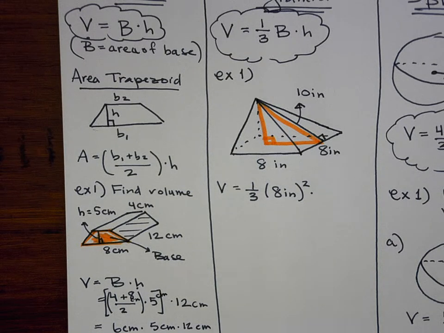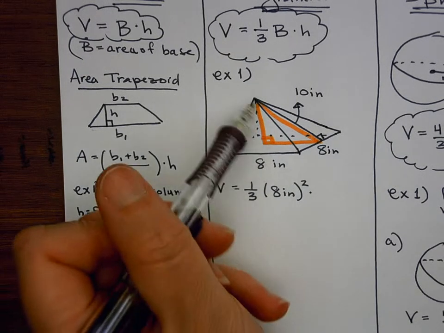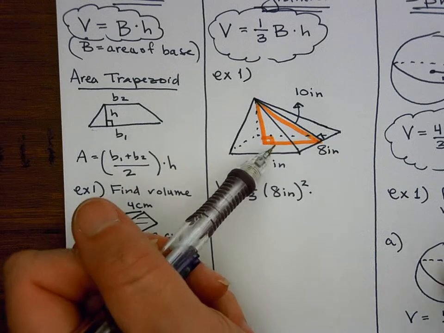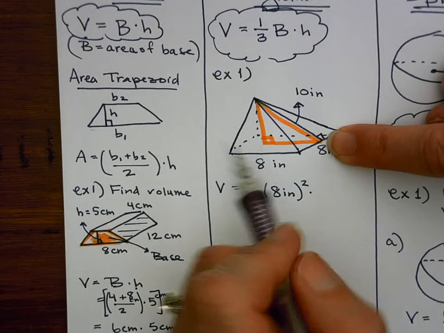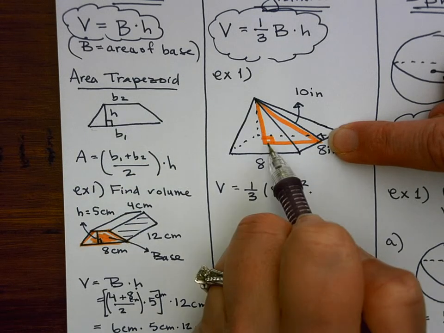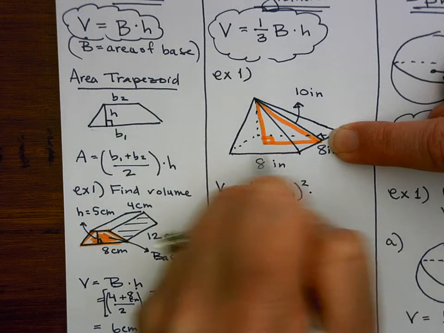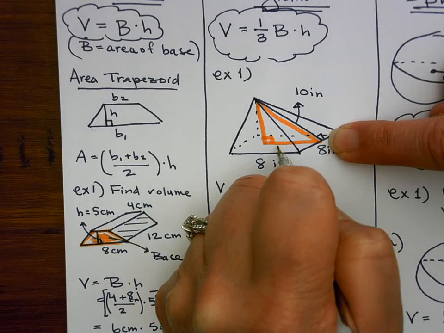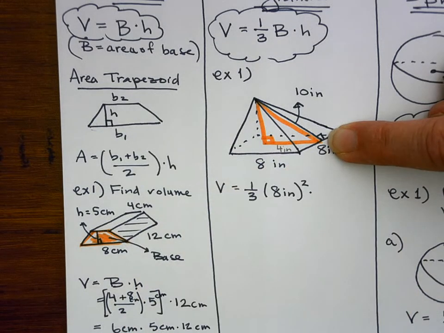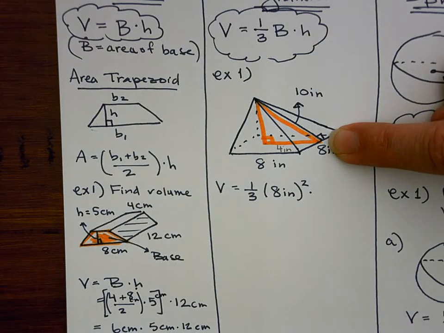And so if I look at that right triangle, the hypotenuse is 10. And then again, I know the drawing is not that great, but from here to here, this is in the center. So if this is 8 inches all the way across, this would be 4 inches, okay? So not the best drawing in the world, okay?